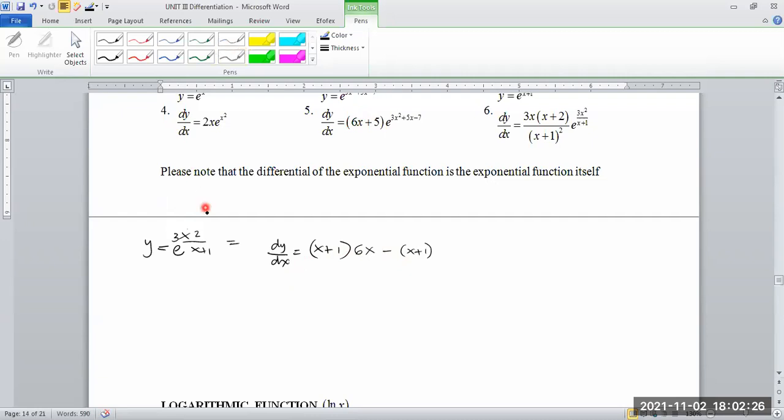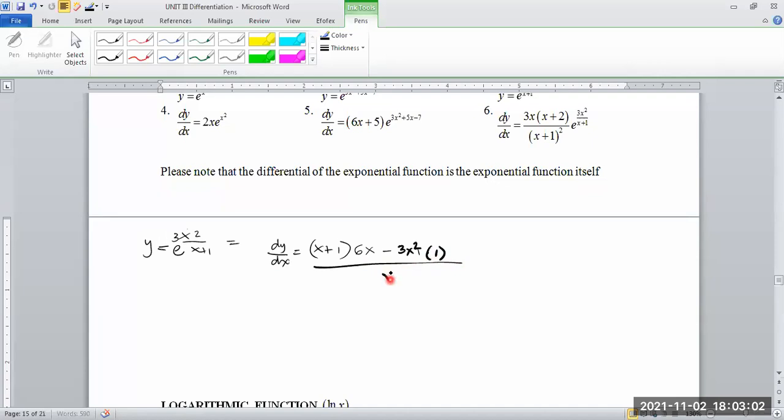I'm supposed to be subtracting the numerator, which is going to be 3x squared, times the differentiation of the denominator, which is going to be times 1. All over the denominator squared.